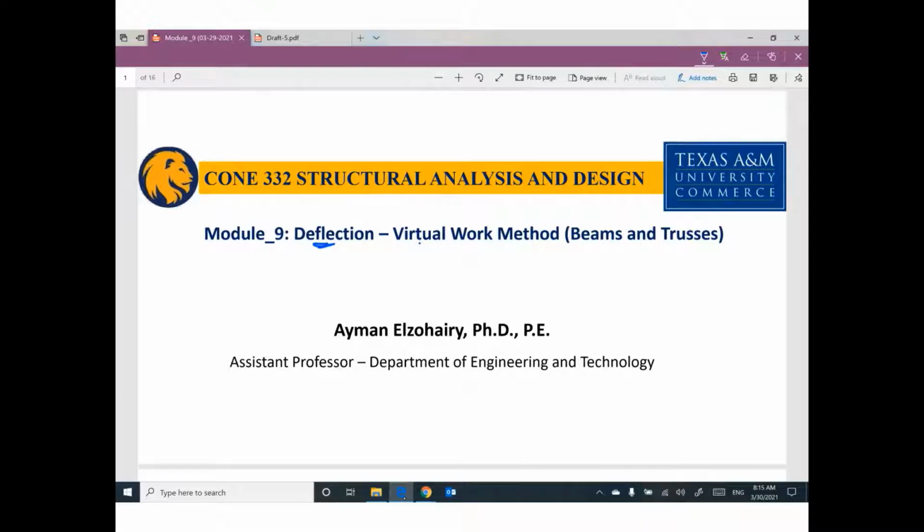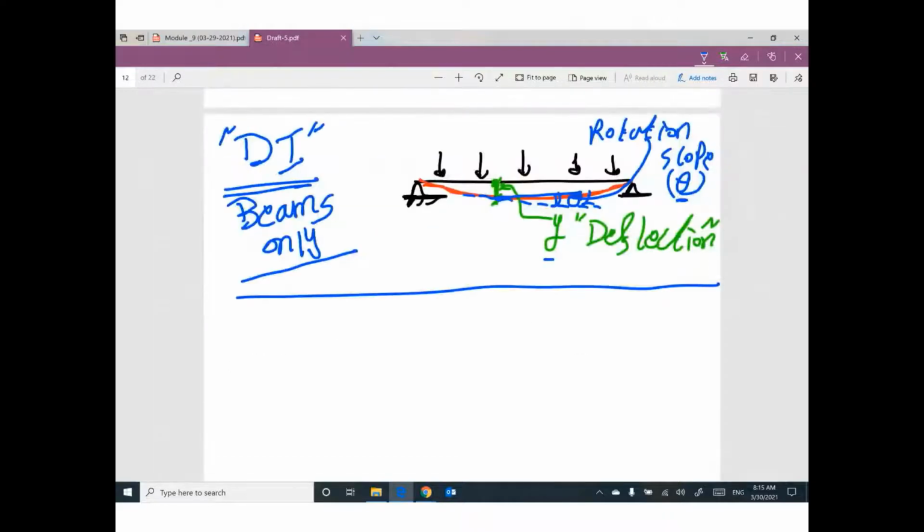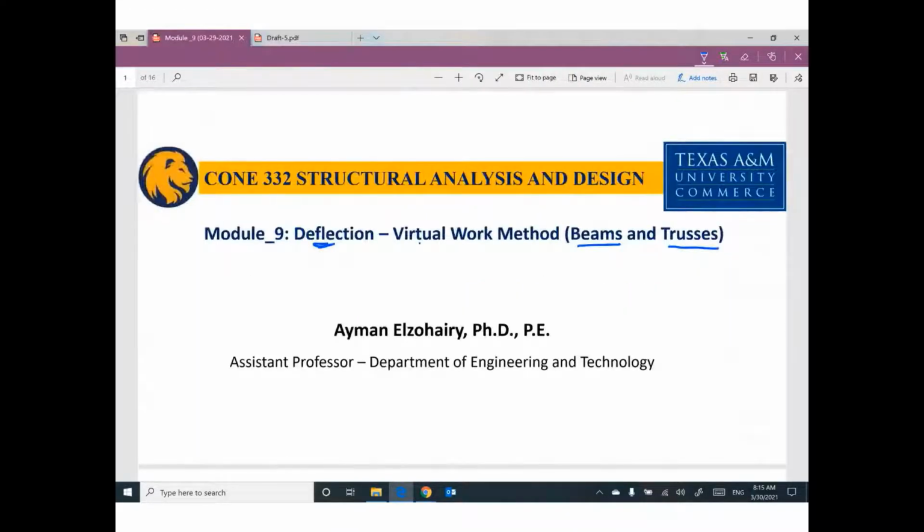But before doing truss, I will do it for beams. So the new method, virtual work method, nothing new. It will calculate what is the value of theta, what is the value of deflection y at any point. But different technique, different method called virtual work method.